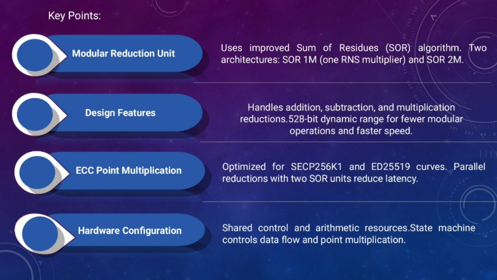The ECC point multiplication is optimized for some curves, benefiting from parallel reduction with two SOR units to reduce latency. The hardware configuration includes shared control and arithmetic resources, with the state machine managing data flow and point multiplication, ensuring efficient and accurate elliptic curve operations.